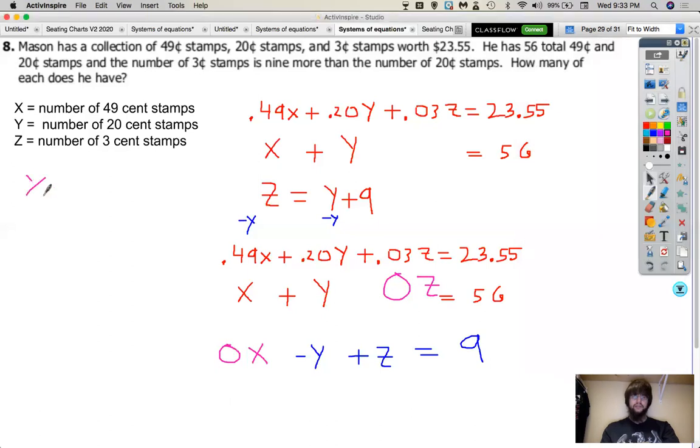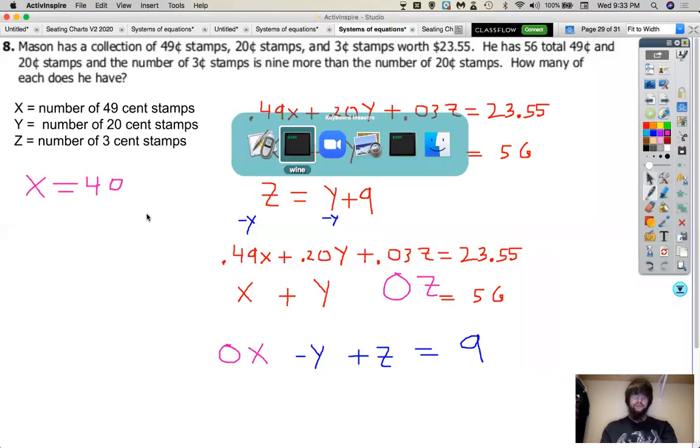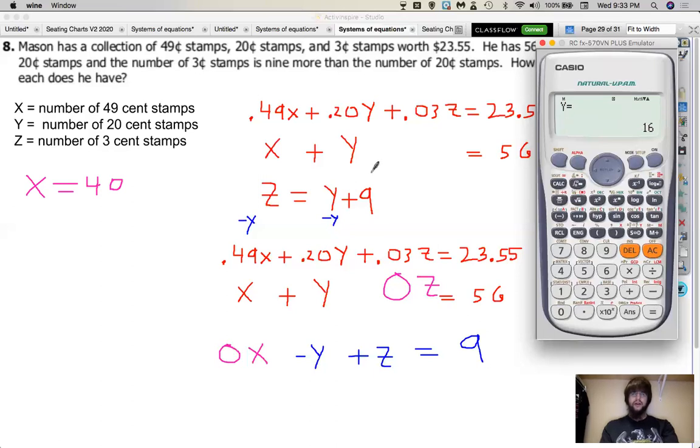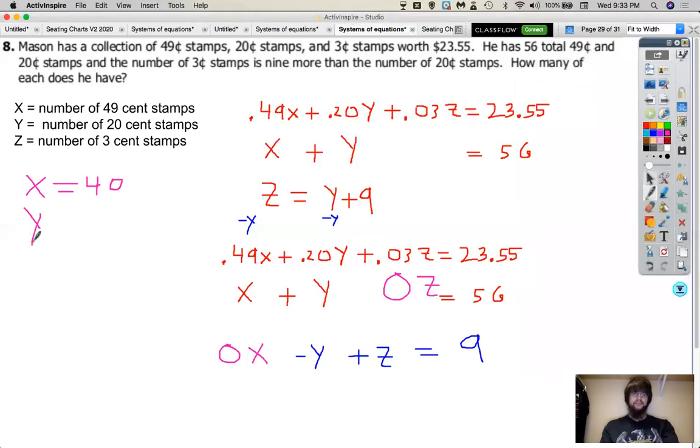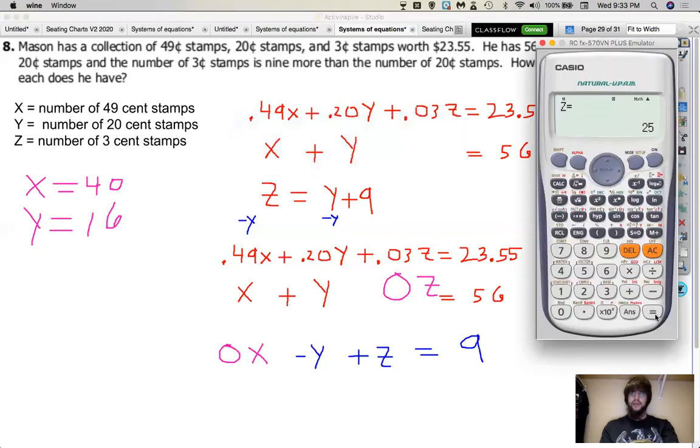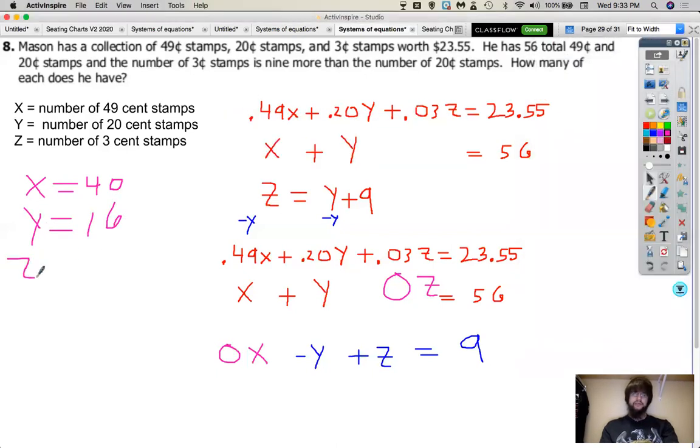Put that over here. Y is 16. And Z is 25. And that's all, folks.